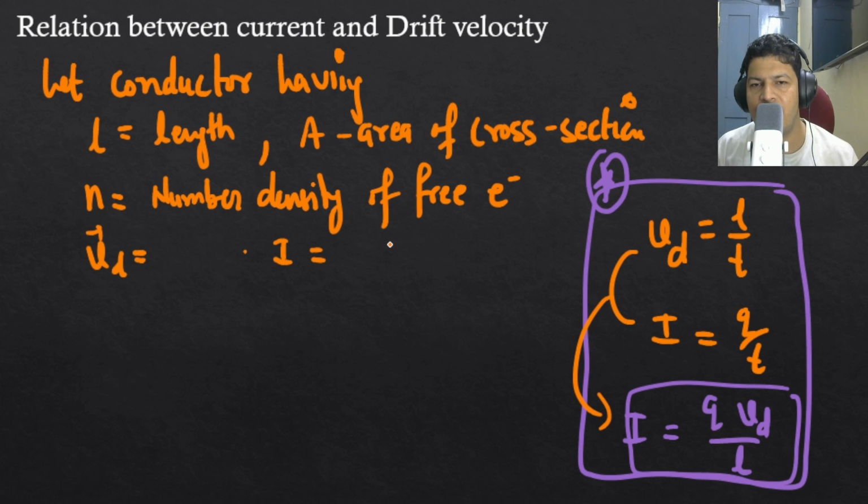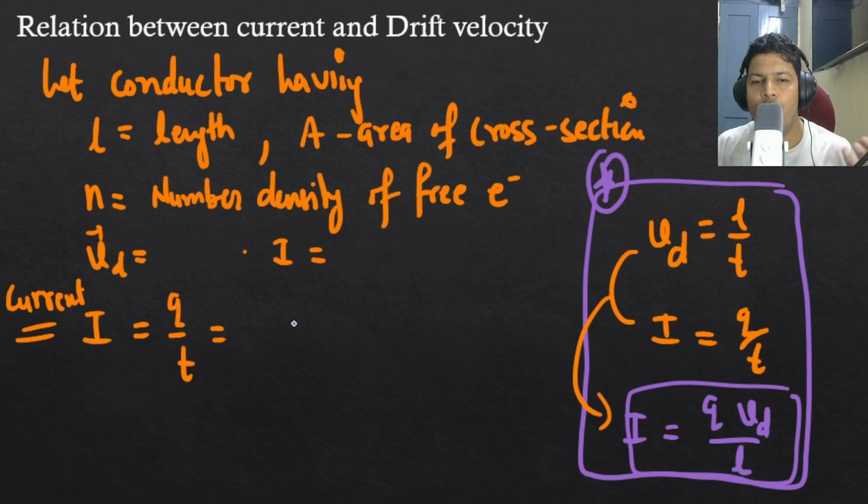I is the current, and current is charge upon time. Now I want to write the charge, so how will I write it? I will write the number of electrons multiplied by the charge on each electron, divided by time.